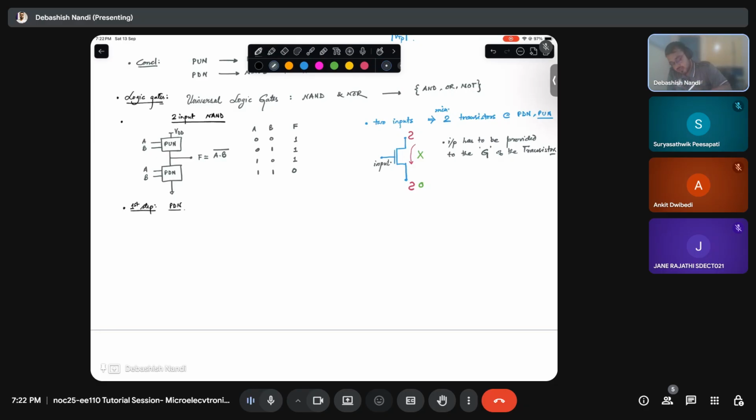Now let me tell you something. You are aware of this kind of MOSFET, right? This kind of MOSFET structure you are aware of?